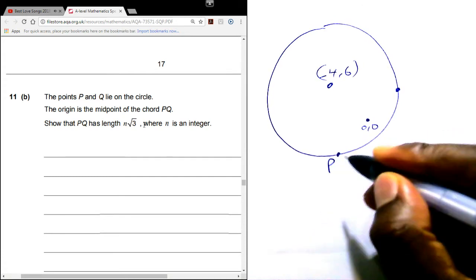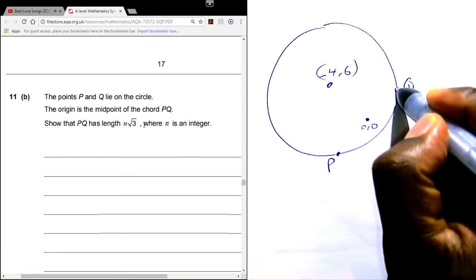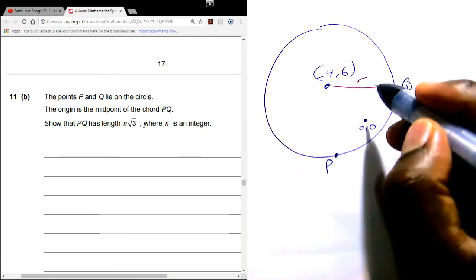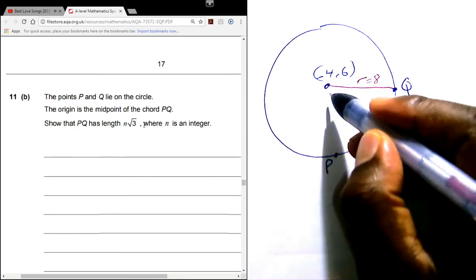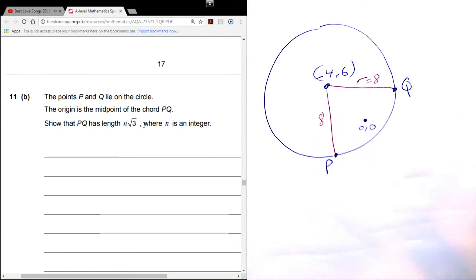One is called P, one is called Q. So by experience you would know that as long as this is at Q, the distance to the center must be the radius R, which we have said before is 8. And that's the same distance here, 8. Now this is looking like an isosceles triangle, right?